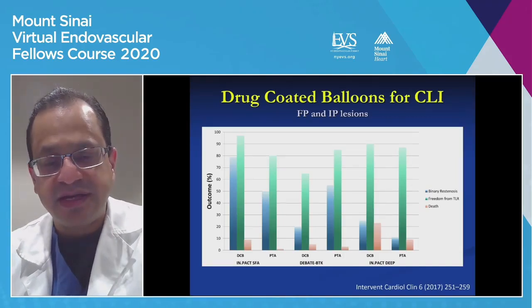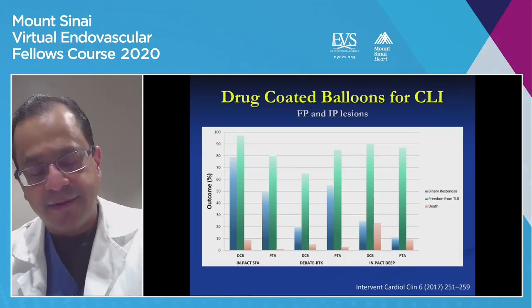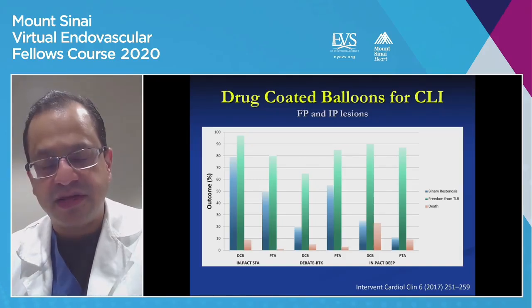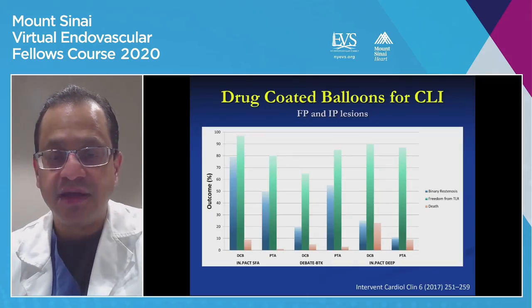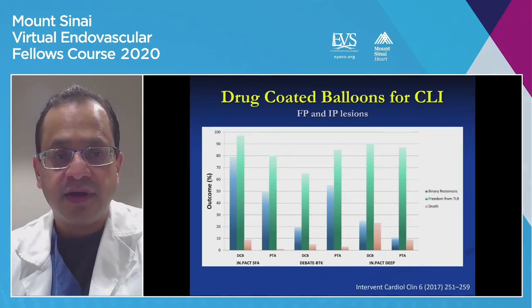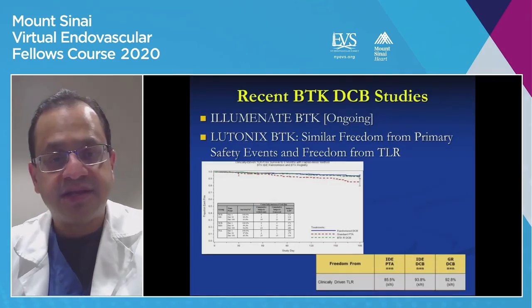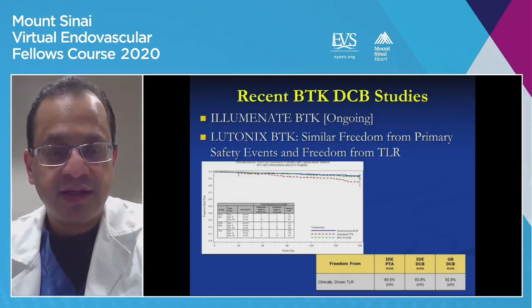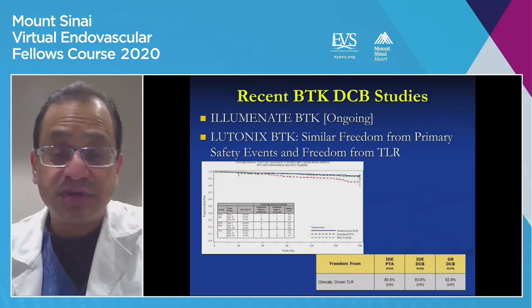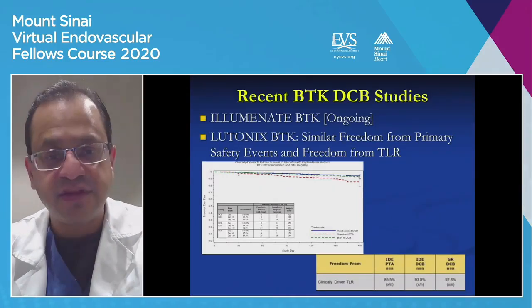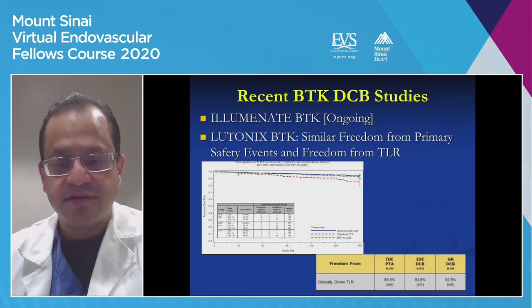The debate BTK showed that yes, your restenosis and your patency does improve, but your amputation-free survival did not really improve. And then the ILLUMENATE BTK study is ongoing. And when you look at the Lutonix BTK, they found similar freedom from primary safety events and freedom from TLR.